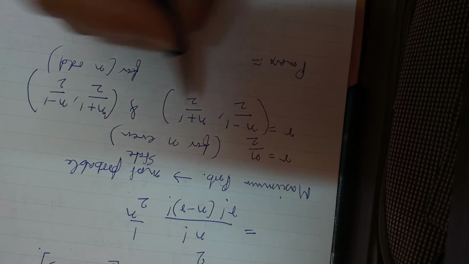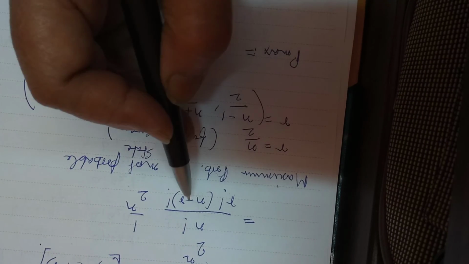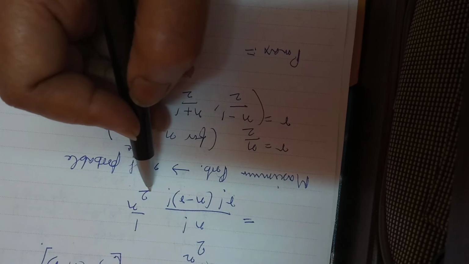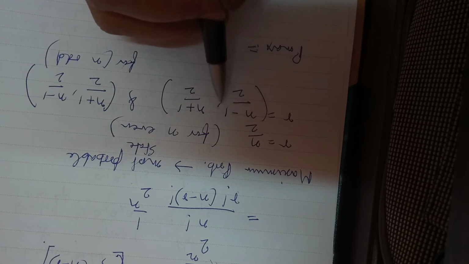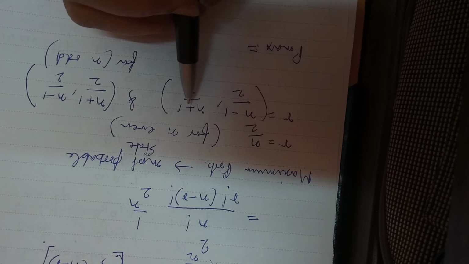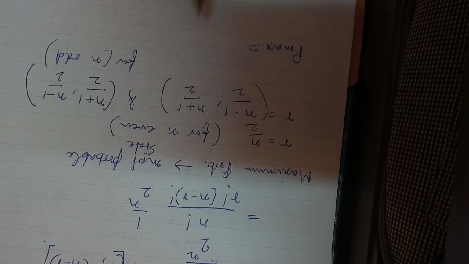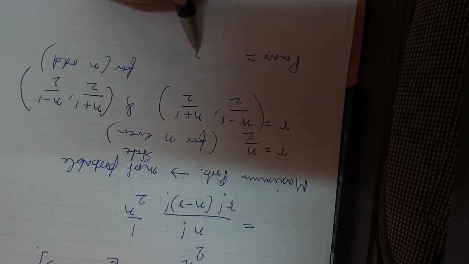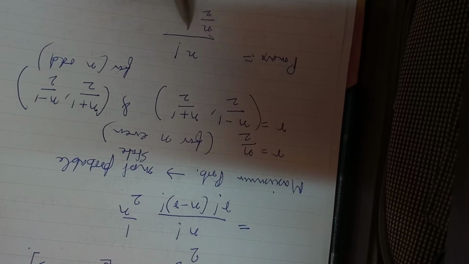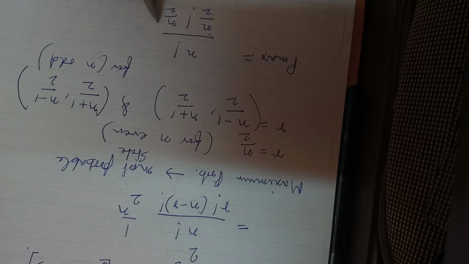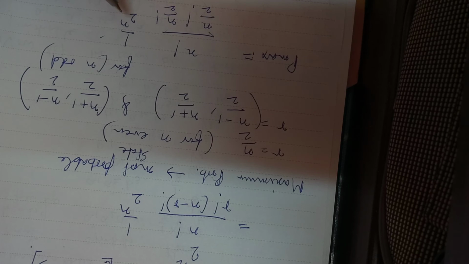So for r, n by 2, and this also n by 2, you get factorial n by 2, factorial n by 2, 1 by 2 to the power n. Or, for odd, if you put either n minus 1 by 2 or n plus 1 by 2, you get the combinations for P max. This is the most probable state.